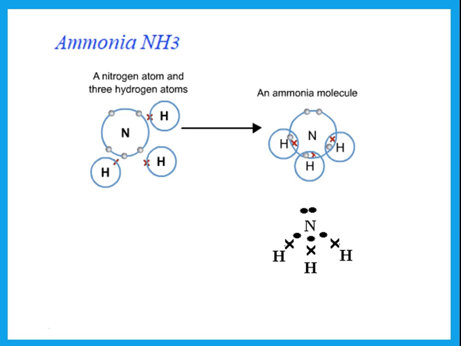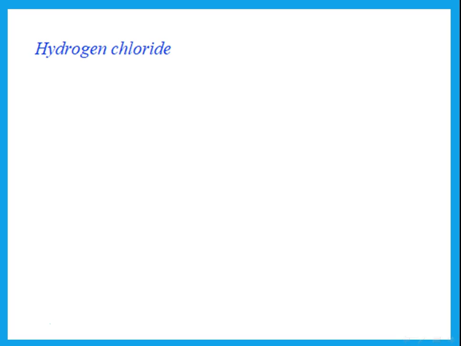Please do not forget to put in the rest of the outermost electrons of the atom. So nitrogen has a total of 5. It's going to use only 3 to make bonds with hydrogen, so it still has the other 2 left on top.